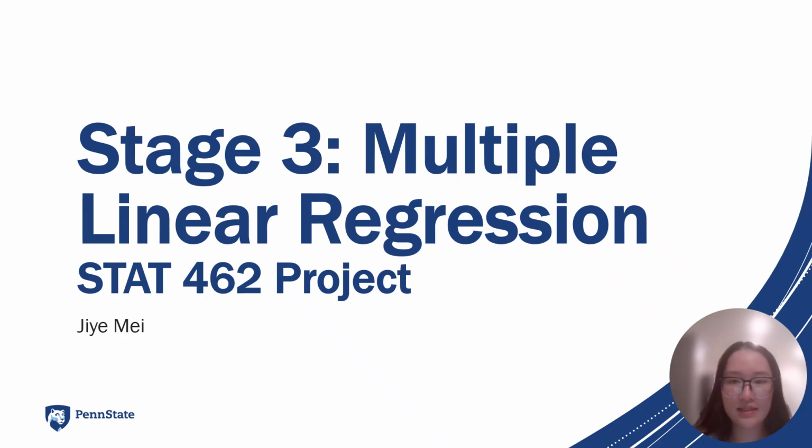Today I will be presenting stage 3 of my project, and this stage focuses on building a multiple linear regression model to explain and predict the final exam score of high school students by using multiple student characteristics.